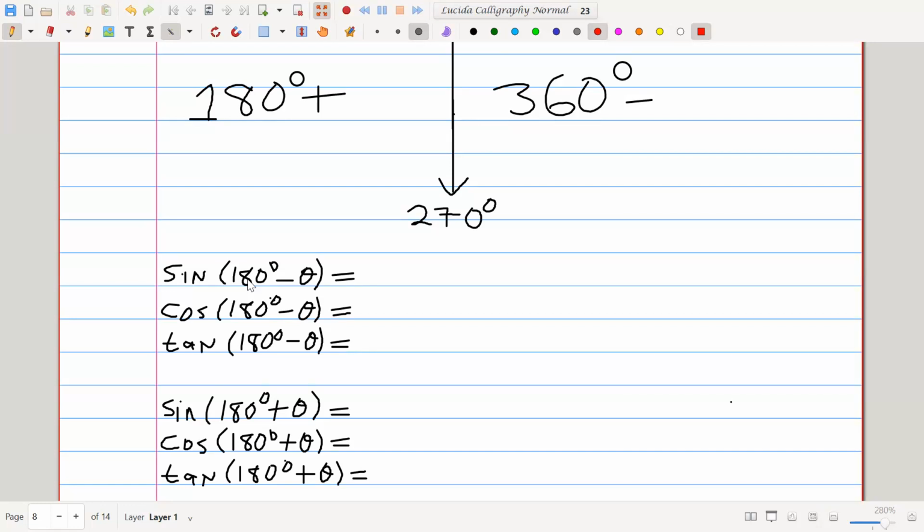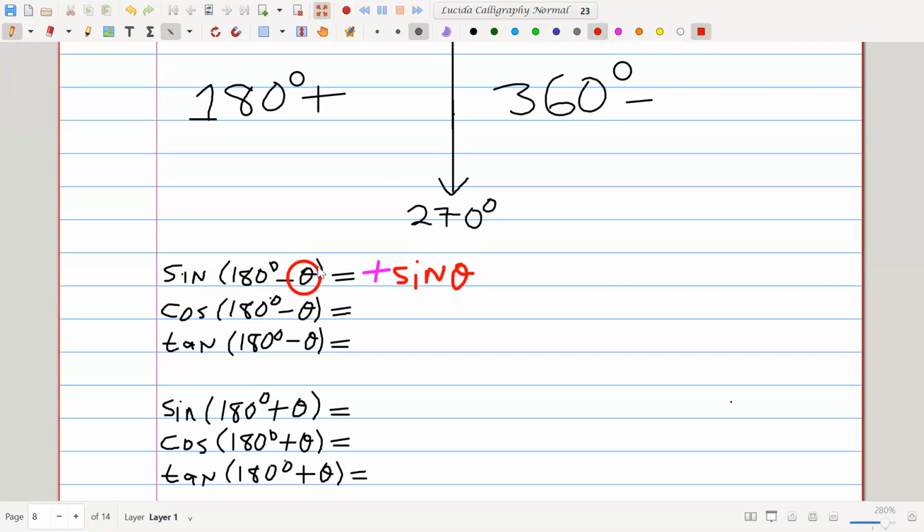So you put the sign first so that you don't forget. Plus, sine is always positive in the second quadrant. And then you'll have the sine of the angle, which is theta. So that is how you can write it.